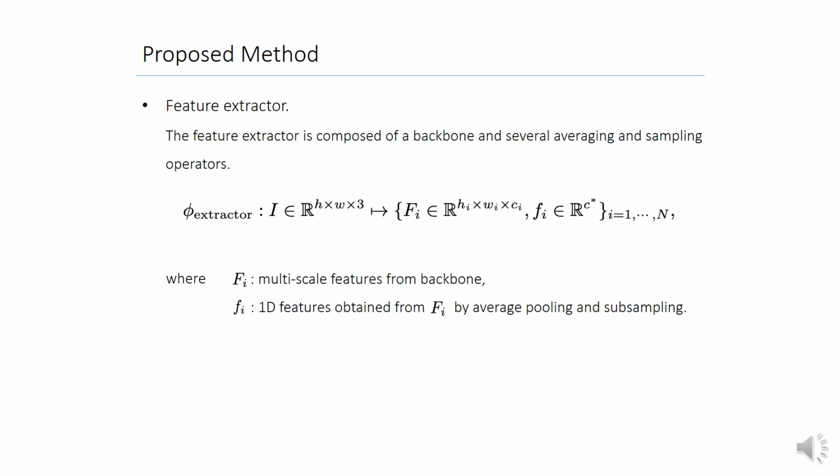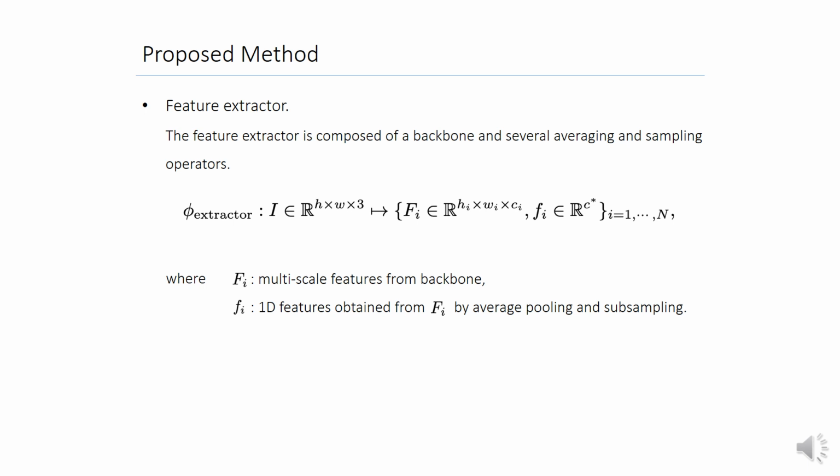The feature extractor is composed of a backbone and several averaging and sampling operators. Given an RGB image, it outputs features from each output layer individually, referred to as multi-scale features.